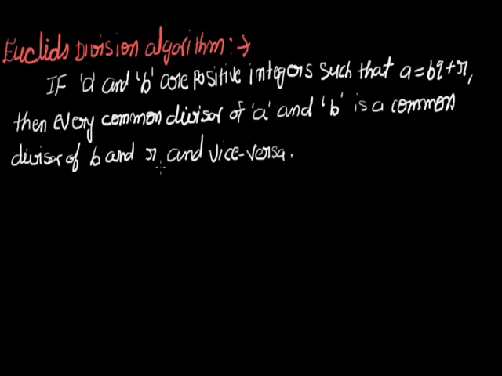So basically what Euclid's division algorithm states: if a and b are positive integers such that a is equal to bq plus r, then every common divisor of a and b is a common divisor of b and r, and its vice versa is also true.